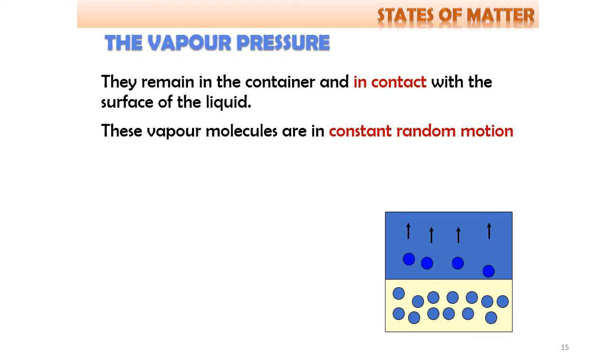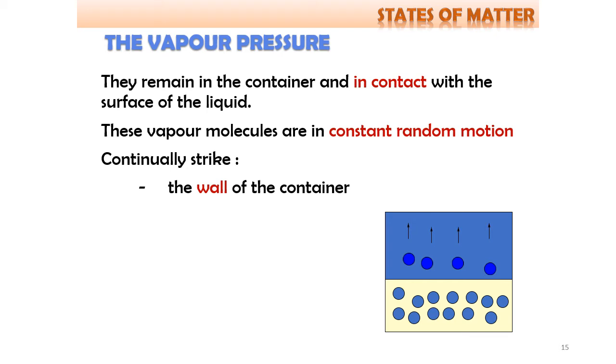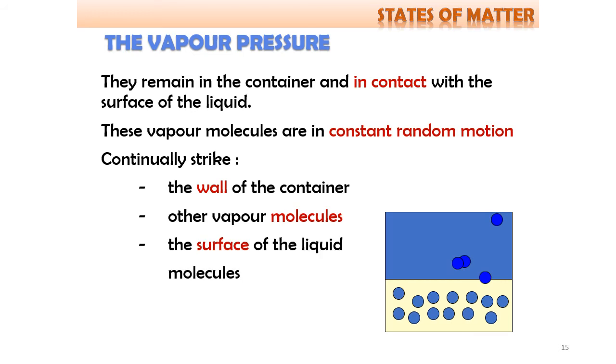And these vapor molecules will move in constant random motion, and will continually strike the wall of the container. Next, they will strike and hit the other molecules, and can also hit the surface of the liquid.